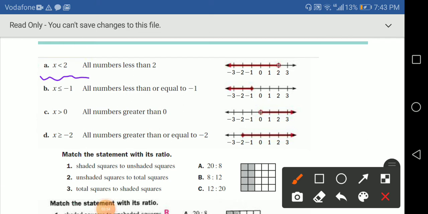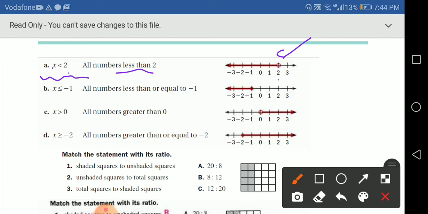So it means x is all numbers less than 2. If I have a number line, I look at 2 and draw a circle on 2. Since this is just less than, without equal, make the circle open.